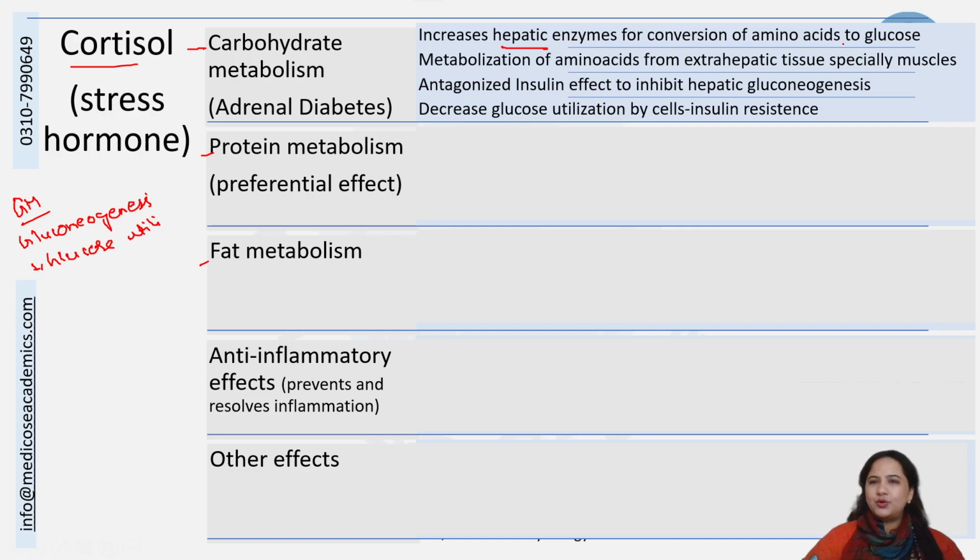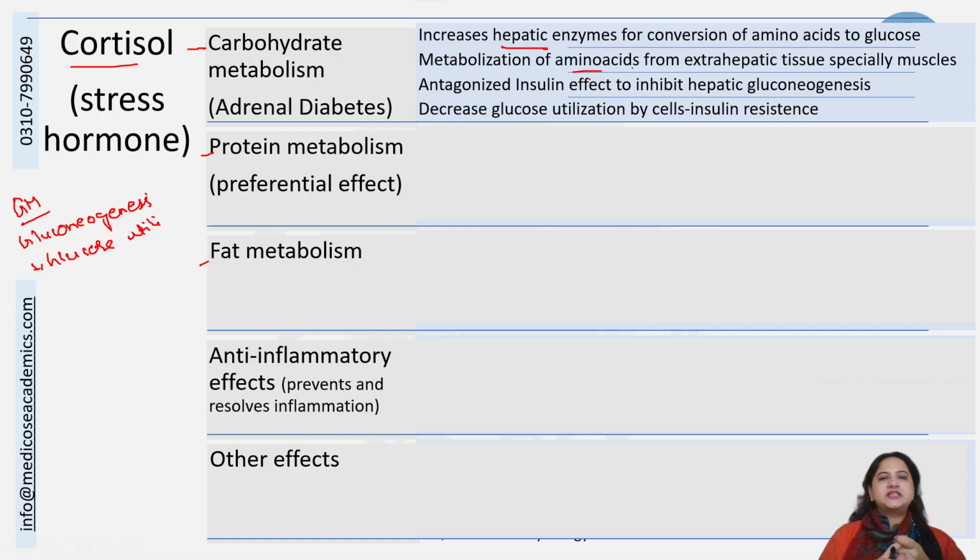What is gluconeogenesis? Production of glucose from other substrates like amino acids. Secondly, mobilization of amino acids from extrahepatic tissue. It's bringing the substrate. Amino acids are coming from the muscles, from outside, providing the substrate for gluconeogenesis. So it's making the environment favorable for hepatic gluconeogenesis. The enzymes and the substrate both are increased by cortisol.